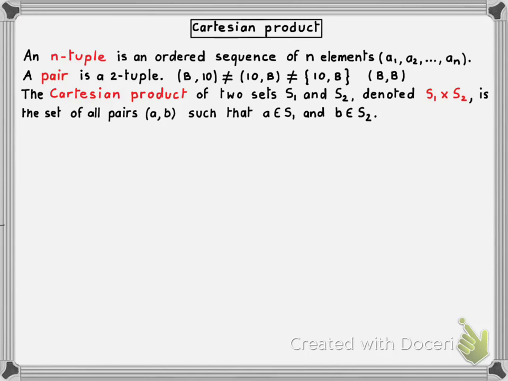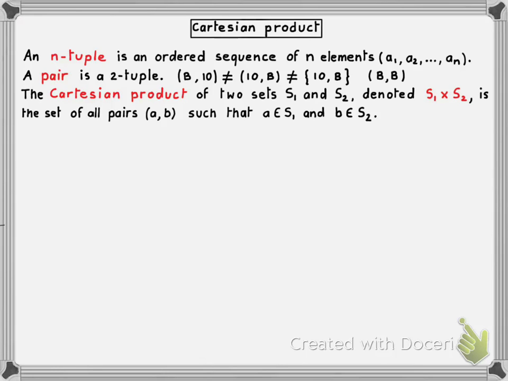And by definition, the Cartesian product of S1 and S2 is the set of all pairs A comma B, such that the first element in the pair A belongs to the first set S1 and the second element B in the pair belongs to the second set S2.